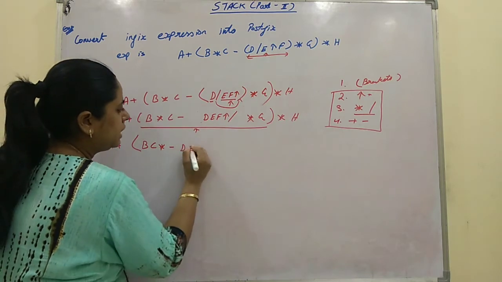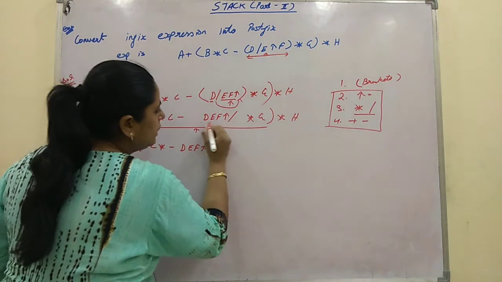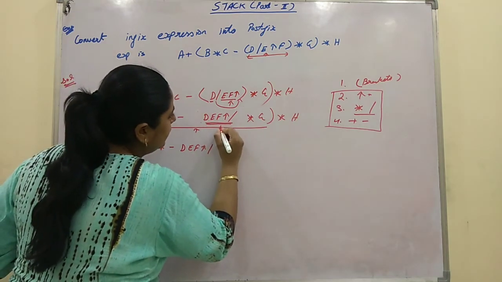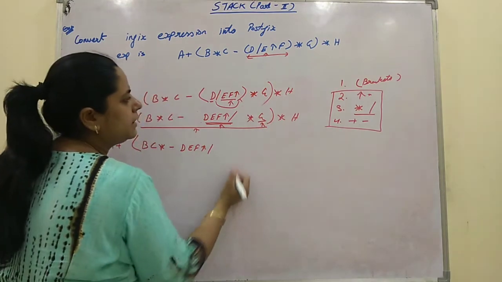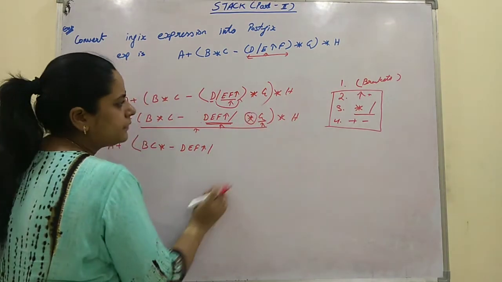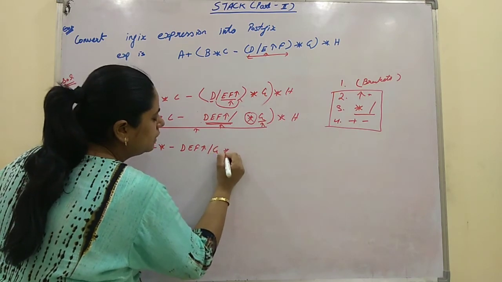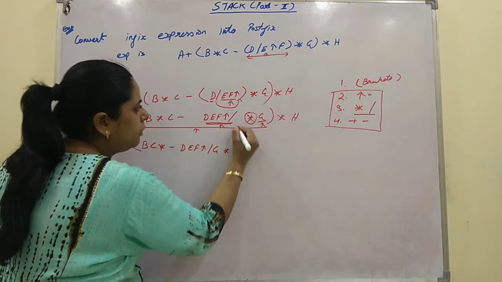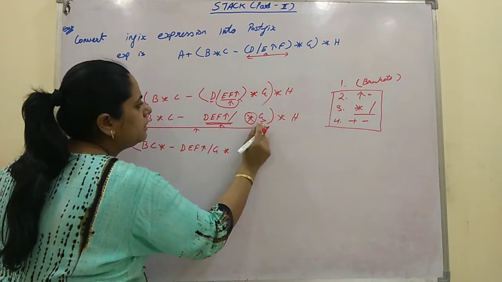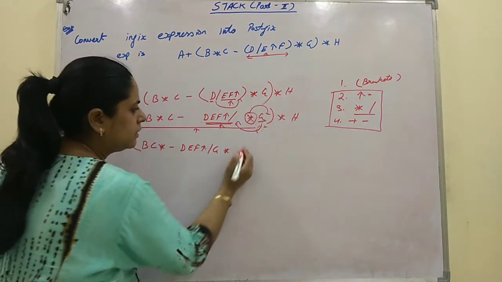We will write it as it is, and if we consider this as one operand and this as one operand, then this is the operator. Again it is asterisk. So G asterisk, because it is a postfix expression. So operand will come here, operand will come here, and the operator will move here.